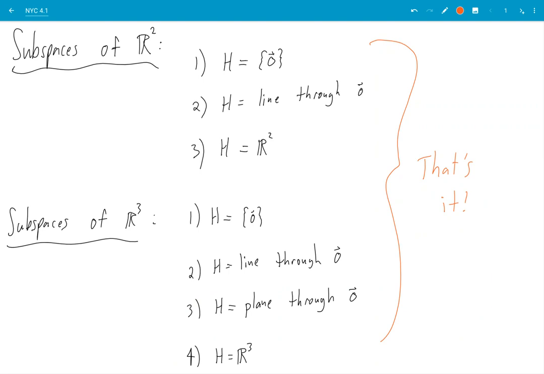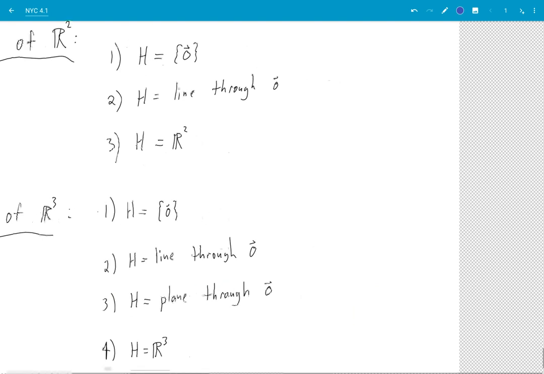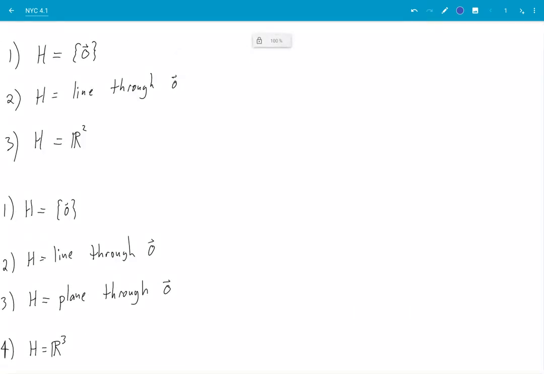To get an idea of why, I mean, this requires proof, of course. Maybe I can give you an idea of why this might be true. If you think about R2, so let's have a candidate H that we know is a subspace. Does H contain a non-zero vector?